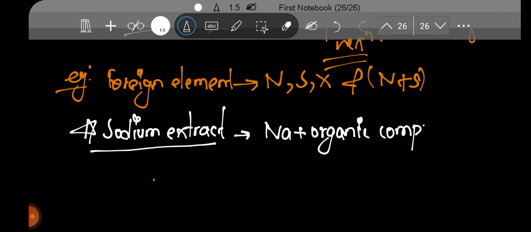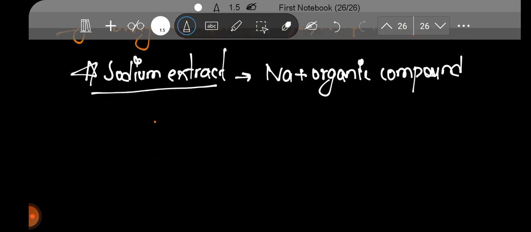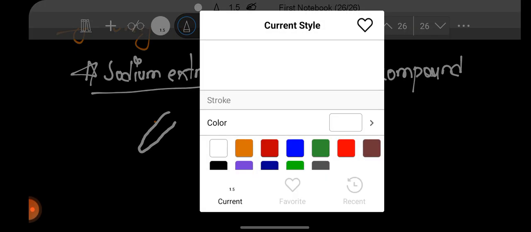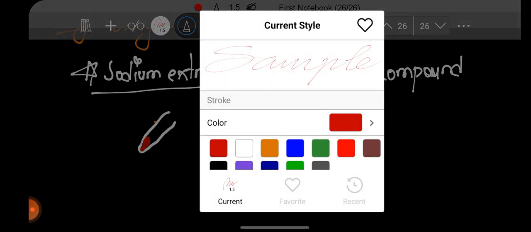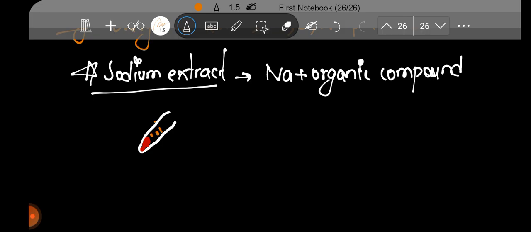To prepare sodium extract, we should take a fusion tube like this. We should include sodium in it, and we should also put a little bit of organic solution or sample.